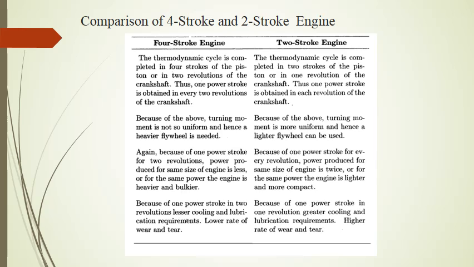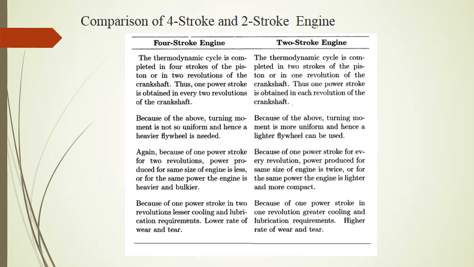In the case of four-stroke engines, because of 1 power stroke for 2 revolutions, power produced for the same size of engine is less, and for the same power the engine is heavier and bulkier.